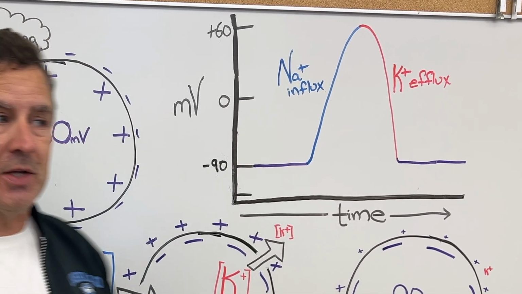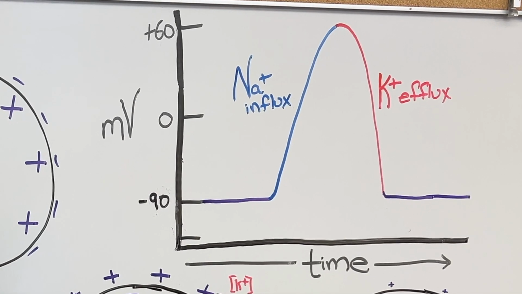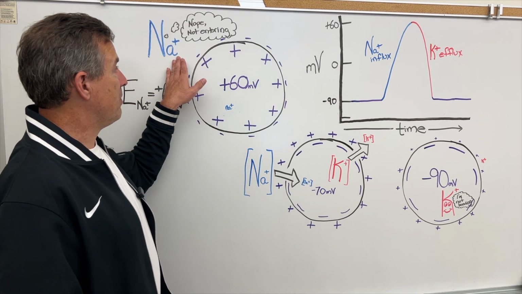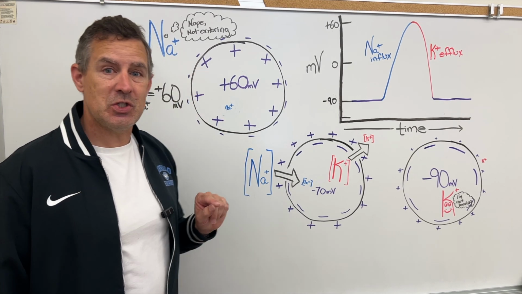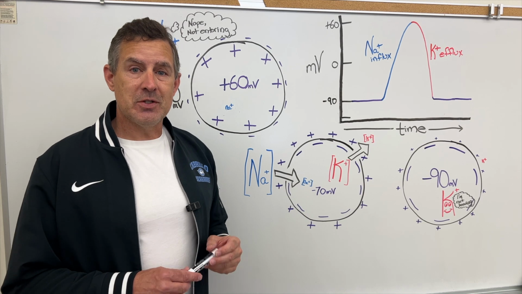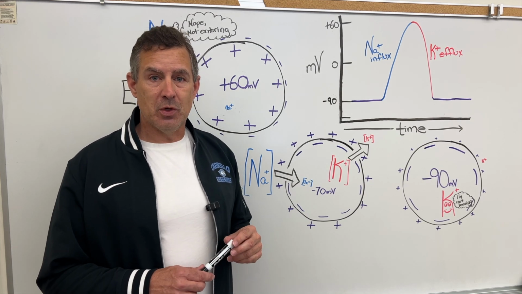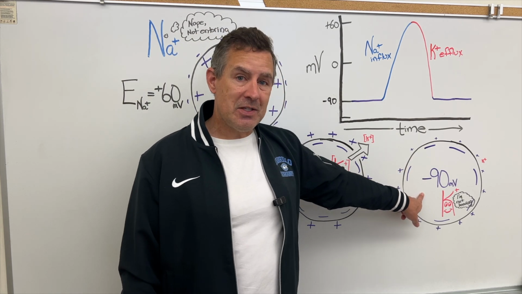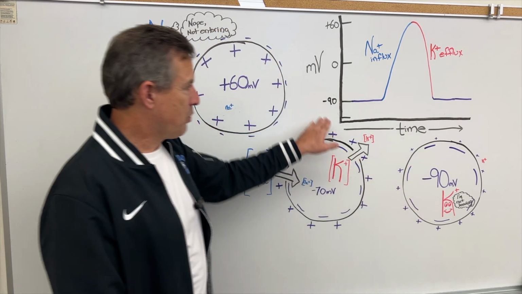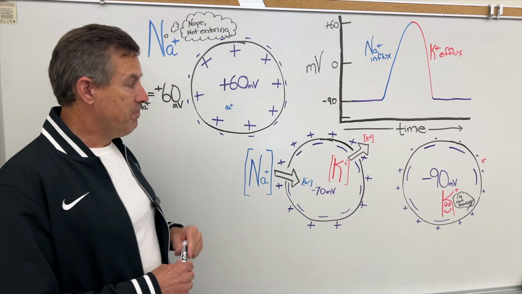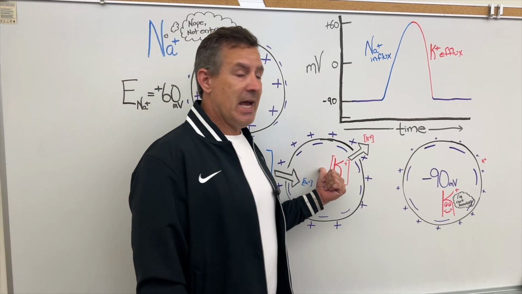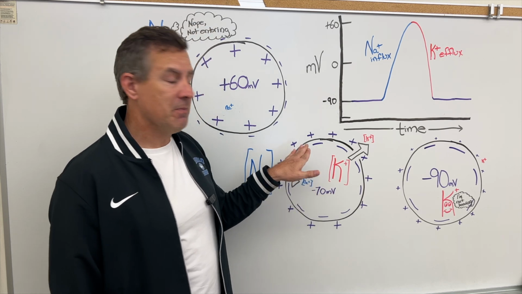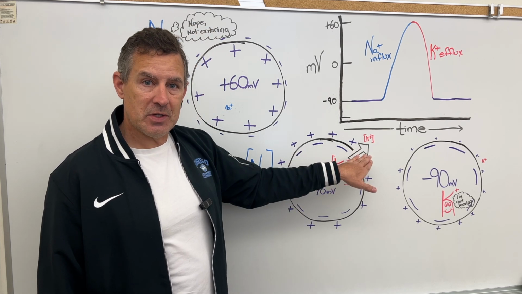And once it reaches positive 60, sodium's done. Sodium is not moving in anymore because it would actually rather be around the negative charge on the exterior of the cell. Positive 60 is sodium's equilibrium potential. Negative 90 is potassium's equilibrium potential. And that's why I have negative 90 on this graph. So once again, potassium prefers to leave cells because there's a much higher concentration of potassium inside of cells than outside of cells.